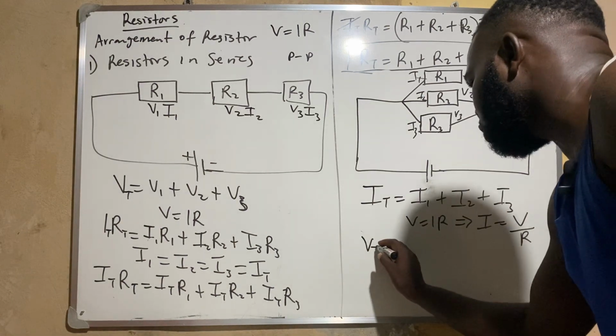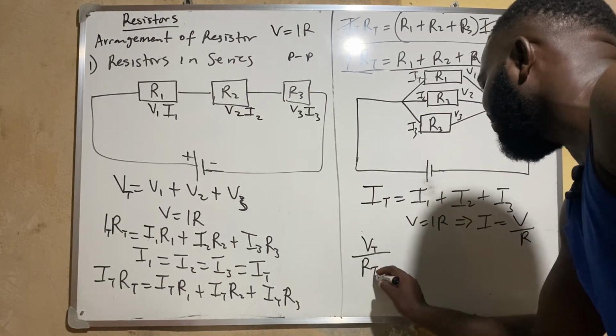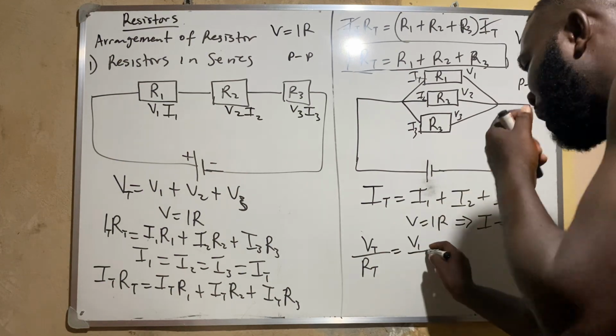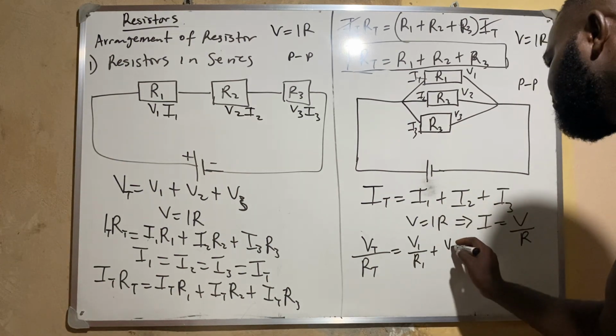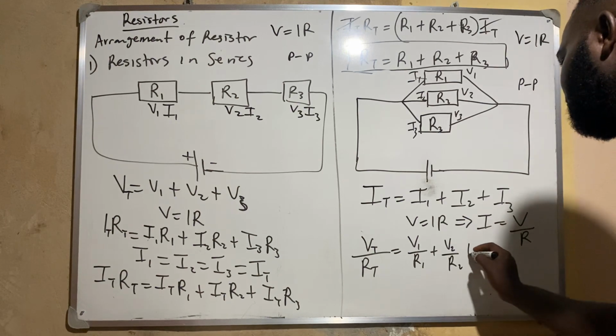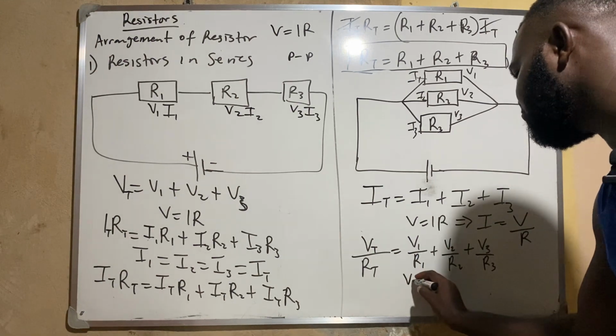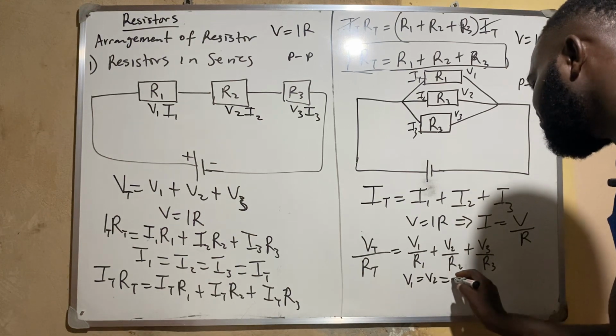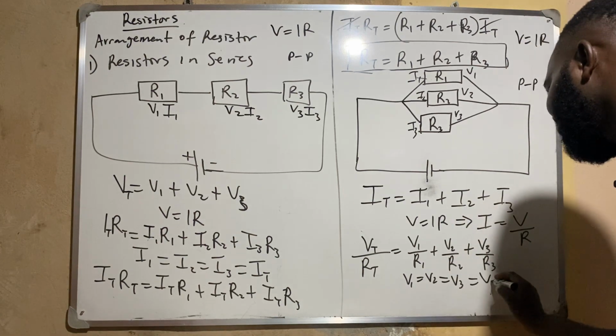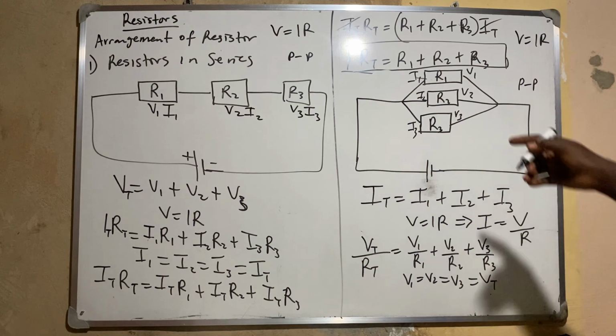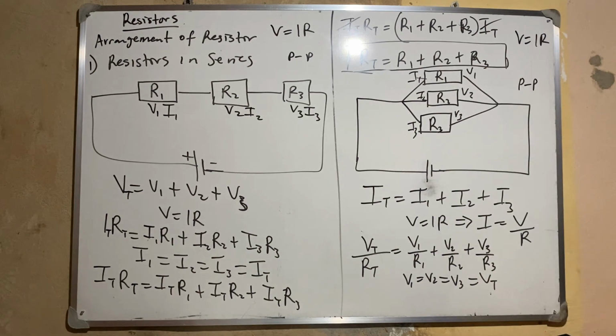So I have that V total over R total is equal to V1 over R1 plus V2 over R2 plus V3 over R3. But don't forget that your V1 is equal to V2 and is equal to V3, which is equal to my V total, because I told you that in parallel arrangement the potential differences are the same.